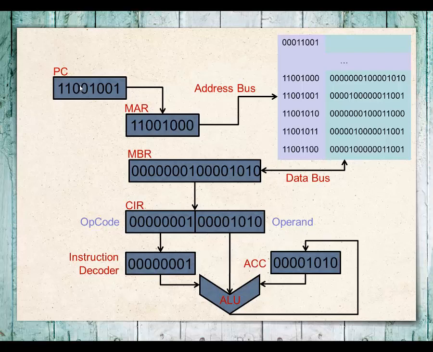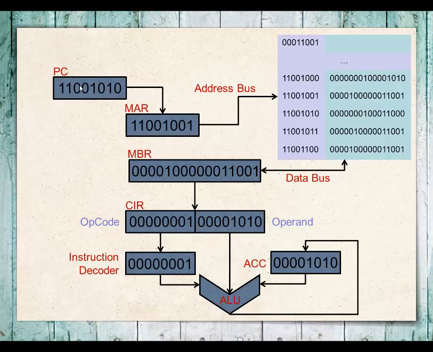Then what happens is the PC updates the MAR with the next address. Because that's the fetch execute cycle finished, it goes right back to the beginning. That means that it opens up this memory location, which means that the data at this one is moved into the MBR. At exactly the same time, the PC is updated to the next address.